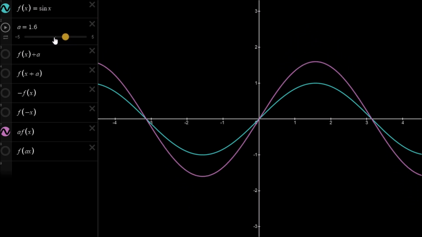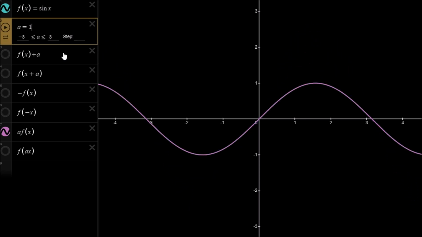Now, we also want to be able to stretch the function not in the y direction, but in the x direction. And we do this with the final function form here, which is f of a times x. And we can see that whenever the value a is 1, we're just going to have 1 times x.